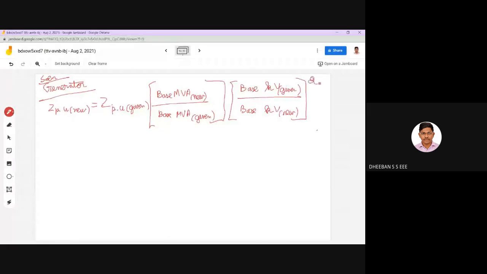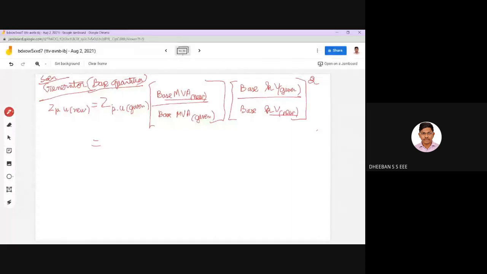In the problem they have asked us to select the generator's quantities as the common base quantities. Hence, your base MVA new and base MVA given will be the same, and your base kV new and base kV given will be the same. The question itself says you have to consider your generator rating as the base quantities.